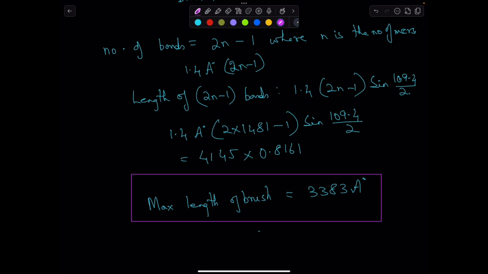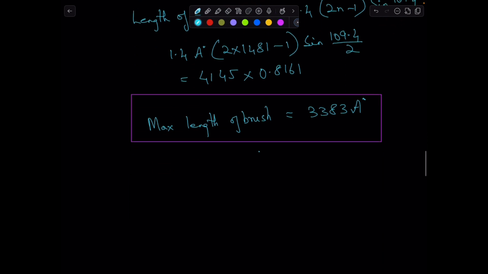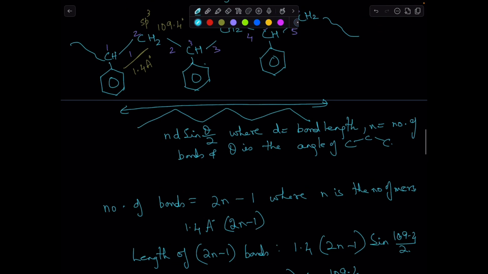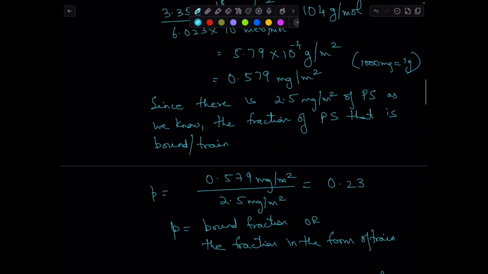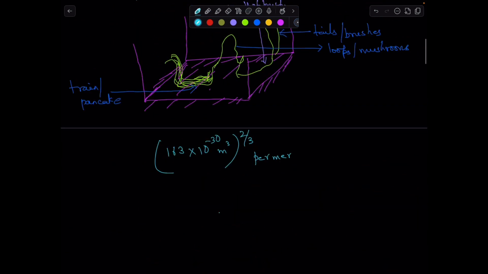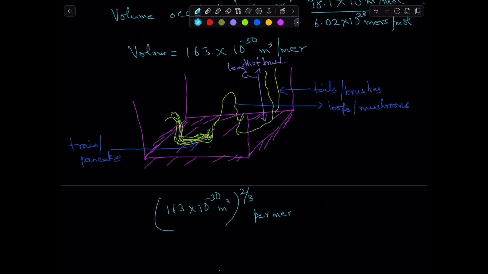So this is the maximum length of the brush, and this is making the assumption that anything that is not in the bound form or in the train form is sticking out as a brush. But realistically, there could be some forms that are loops, as shown in this picture.